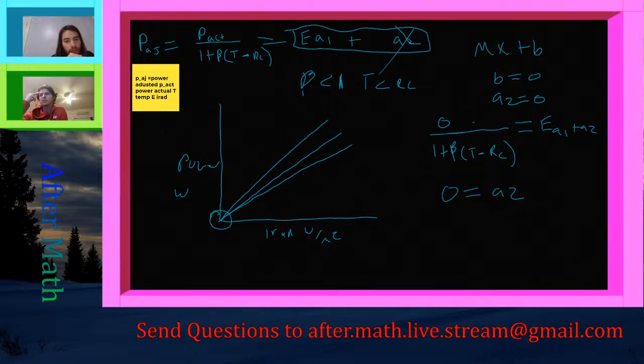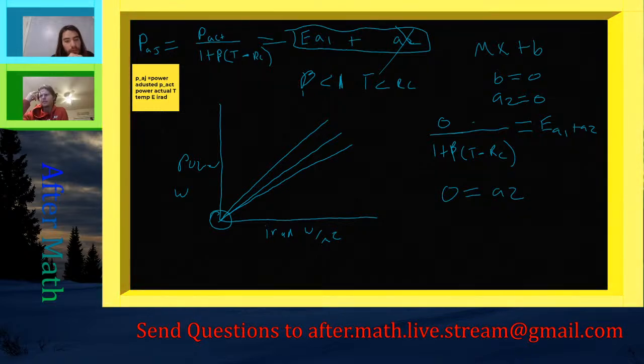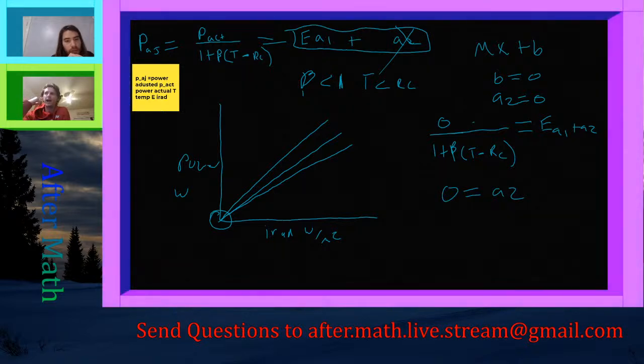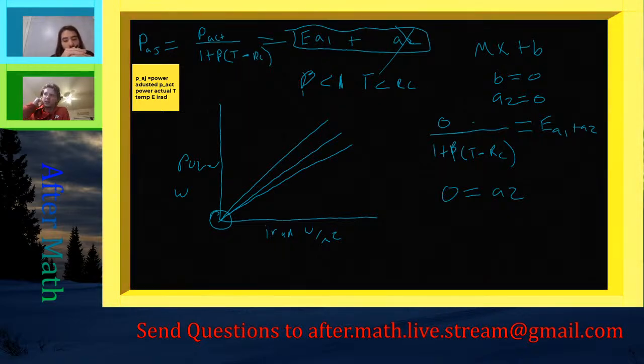It could still be negative. Could it? Yeah, just put in, if B was like 0.5 times negative 2, right? You could still get a negative. Right, yeah, you could get a negative.